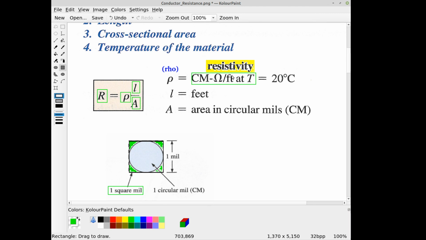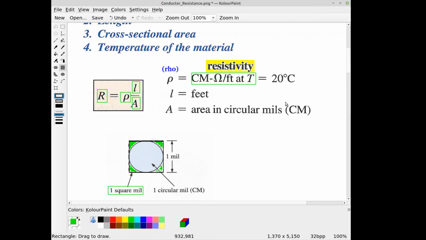But if you're searching Google to find the resistivity chart, you have to make sure, because you may run across a metric chart. And in that case, your cross-sectional area would be something like meters squared or millimeters squared, and your length would be in meters.